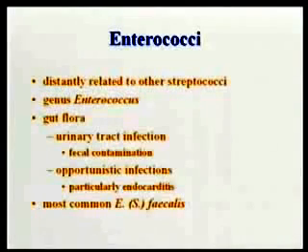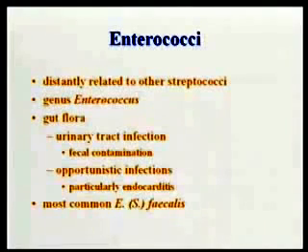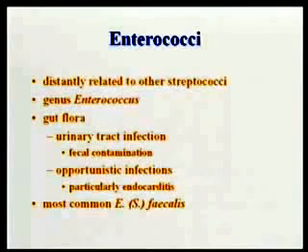Now, one thing I want to make clear: when you think about urinary tract infections in general, you think about gram-negative bacteria, particularly E. coli, as I've said earlier. Gram-positive urinary tract infections are quite uncommon. I don't mean they never occur. They may be 5, 10% or less.